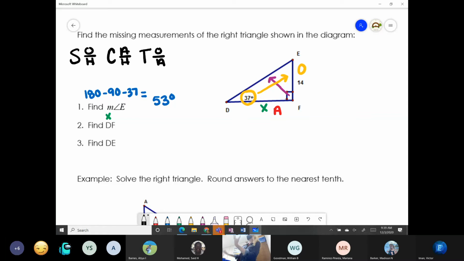So for a side, we're going back to what we had done previously. We're going to just use regular old tangent. So I'm going to say tan of my angle equals, and it's opposite over adjacent, so 14 over x. So tan of 37 equals 14 over x.